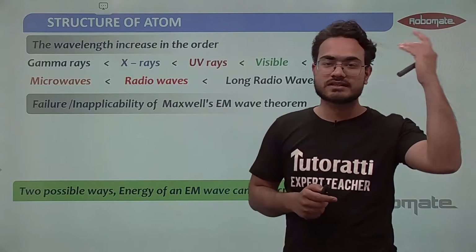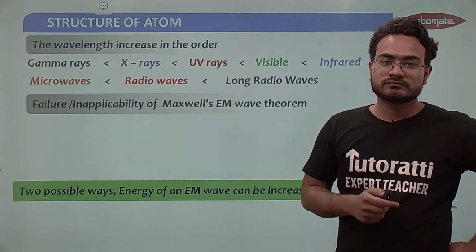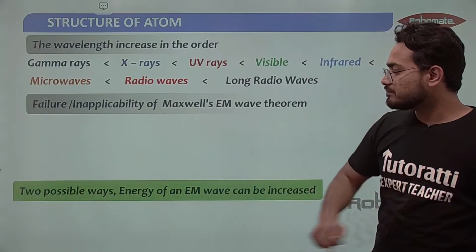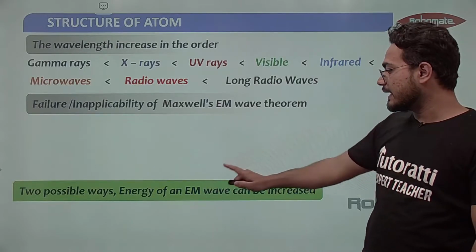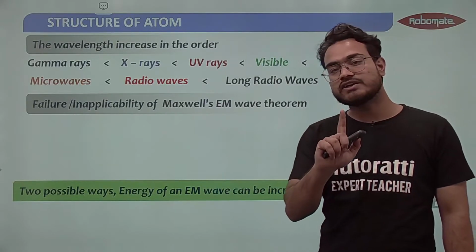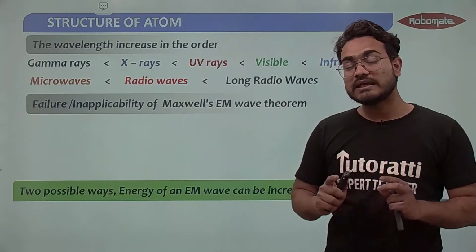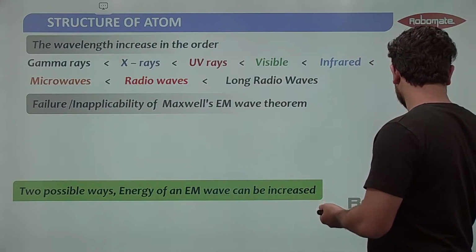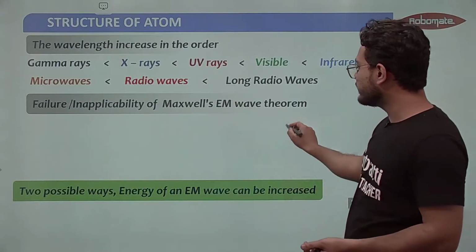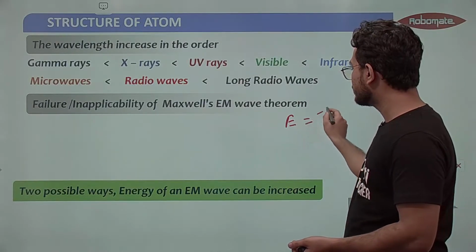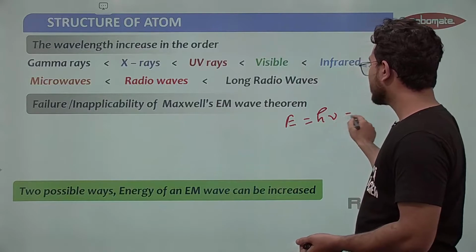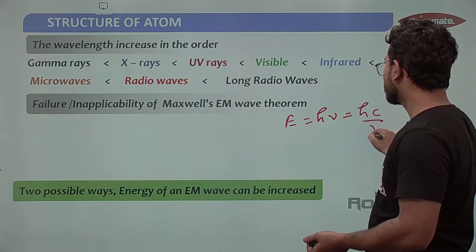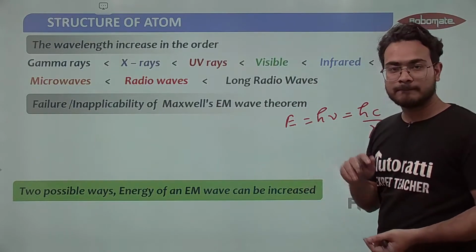What is the problem with this continuous manner? There are two ways the energy of electromagnetic radiation can be increased. We all know that E is equal to h nu and E is equal to hc by lambda.